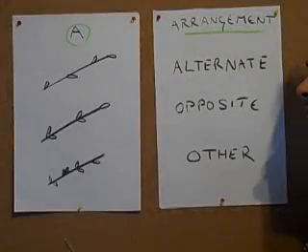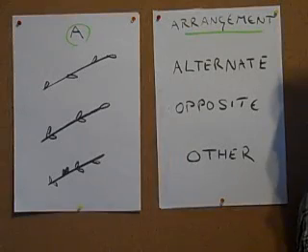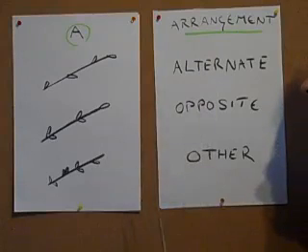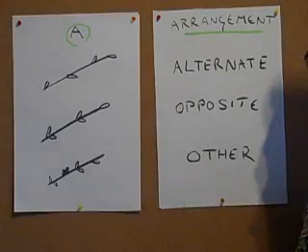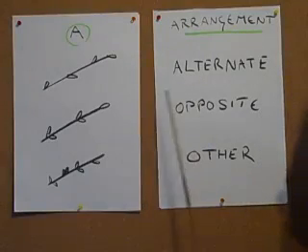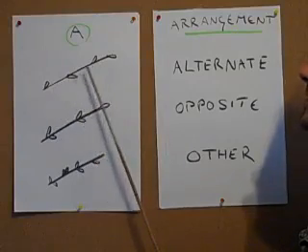The other main identification feature we use in the winter months, other than the bark of the trunk, is the arrangement of the buds on the stem. Now we can also use this at other times of the year to confirm identification. There are 3 main styles of arrangement on a stem. These are alternate, where the buds lie alternately on the stem.